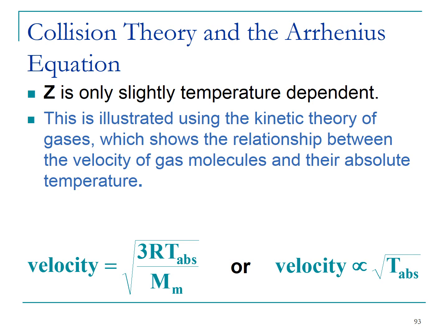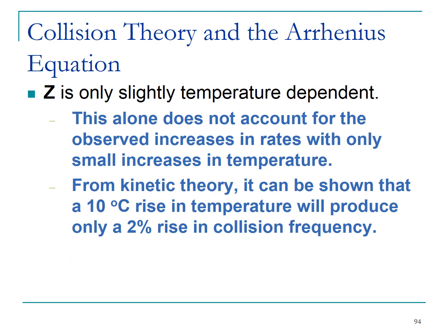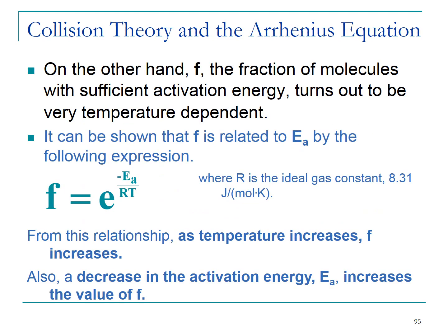Now, it also is related to molecular mass, but if you're talking about the same molecule, then everything is a constant, and we can say that velocity is directly related to the square root of the absolute temperature. So it doesn't affect the rate as much as you might think. So in fact, if you have a 10-degree rise in temperature, it will only produce a 2% rise in collision frequency. So that's not the main reason that temperature affects rate.